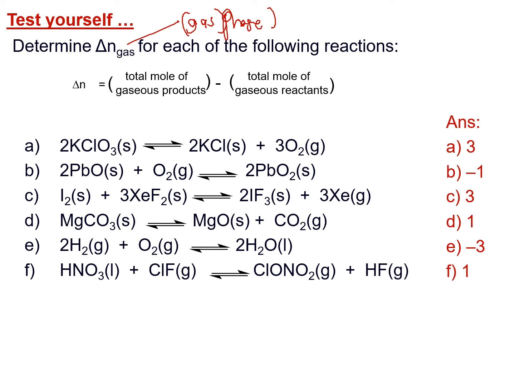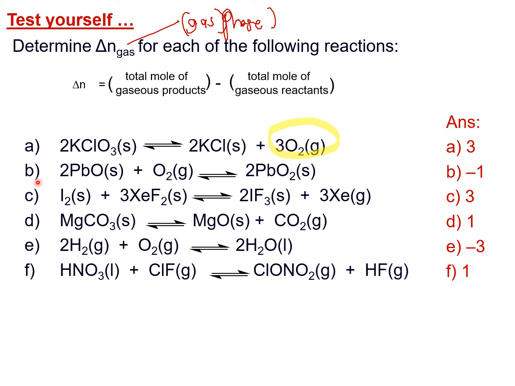Okay, gas phase only. So if you can see at the reversible chemical reaction A, yang gas phase hanyalah ada di bahagian produk saja, which is this 3O2. Okay, this 3O2. That's why delta N kan is equals to number of mole of gas products tolak dengan number of mole of gas reactants. Since that tak ada apa-apa nak ditolak pun, so answer dia 3.